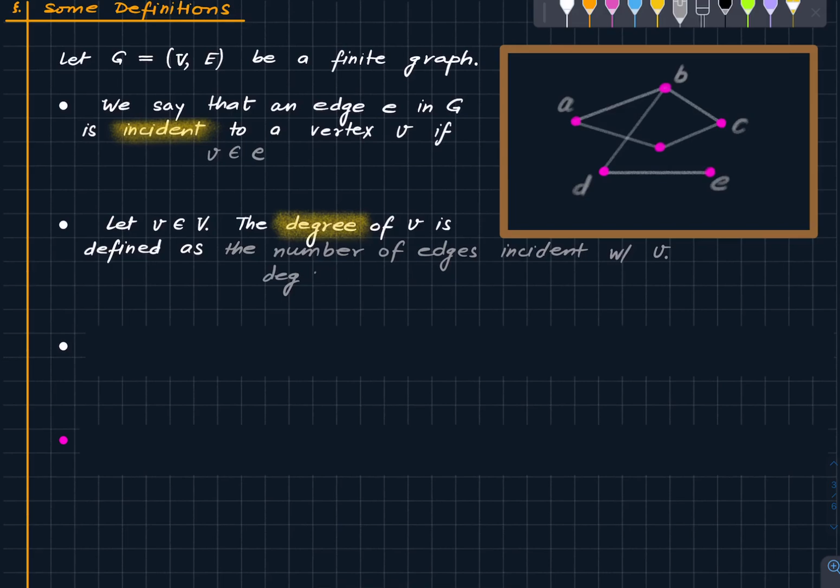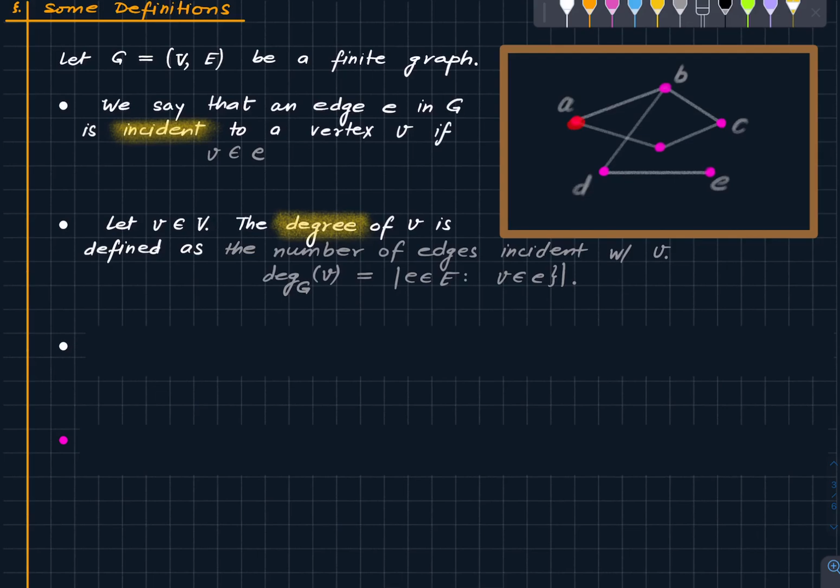You can also not put brackets. That's fine. And if you want to emphasize which graph you're working with, you can put a subscript, but if there is no confusion, you may drop the subscript. We have precisely defined what the degree is, but in symbols you can express the same thing as the cardinality of all those edges which have v as an endpoint. So that's the degree of a vertex.